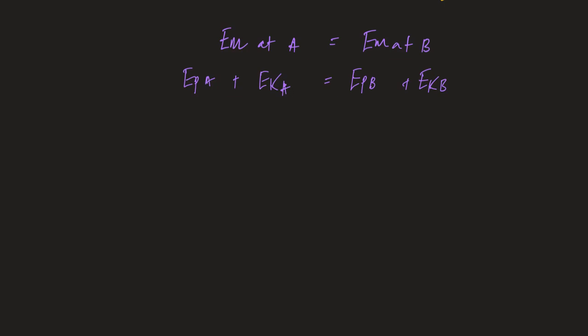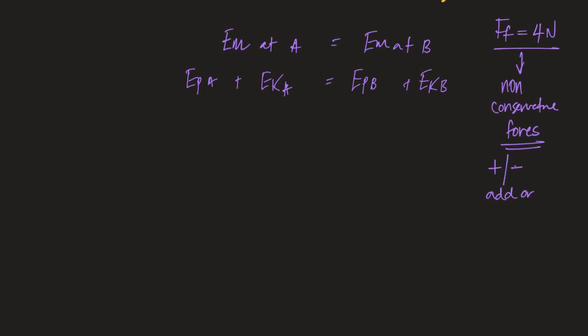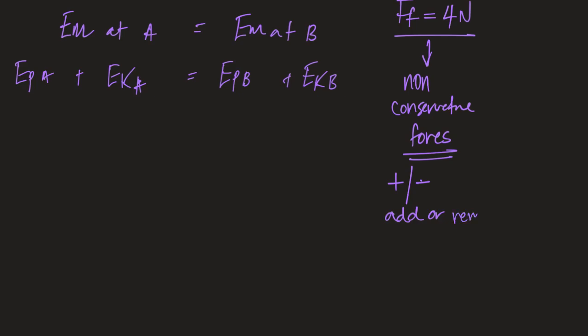The information that I have is that I've got a force of friction equal to 4 newtons. Now, if I have force of friction, I have non-conservative forces. And when I have non-conservative forces, they will either add or remove energy.